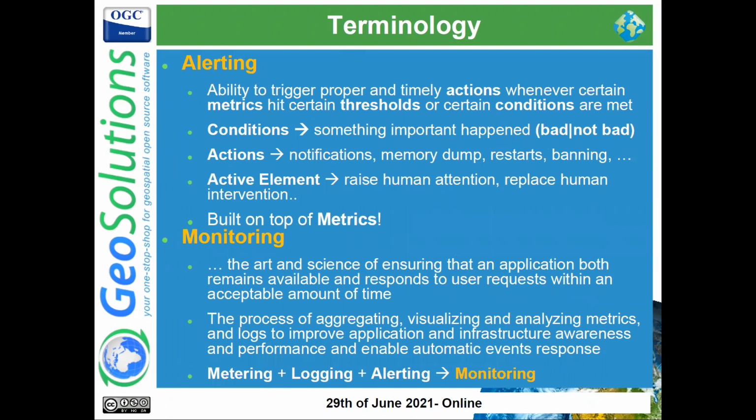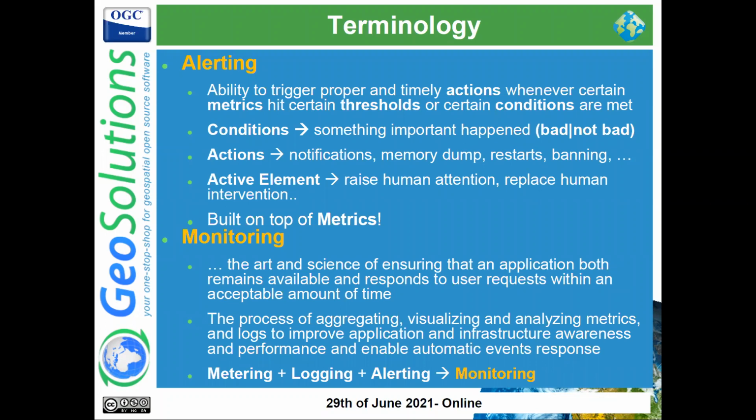Besides logging and metering, we also have alerting, which refers to the ability of receiving alerts based on specific conditions that are met by your system. This could be something bad or something good, and there are usually actions associated with it.